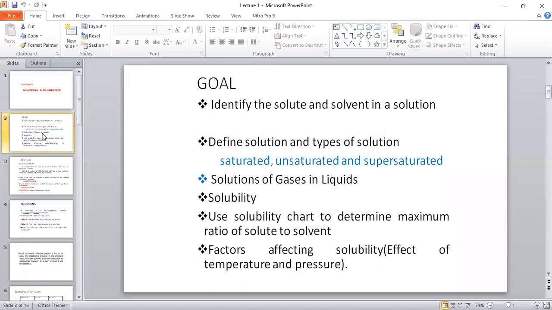We also expect you to know the factors that affect solubility, and such factors are temperature and pressure. So at the end of this section of CHM 121, on solutions and solubilities, these are what you are expected to know. So let's go ahead.